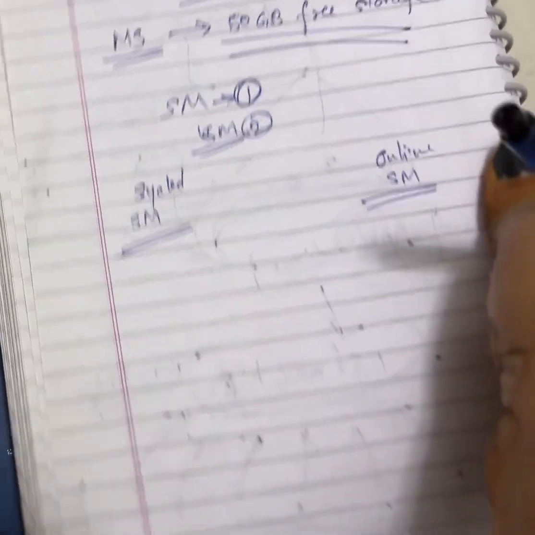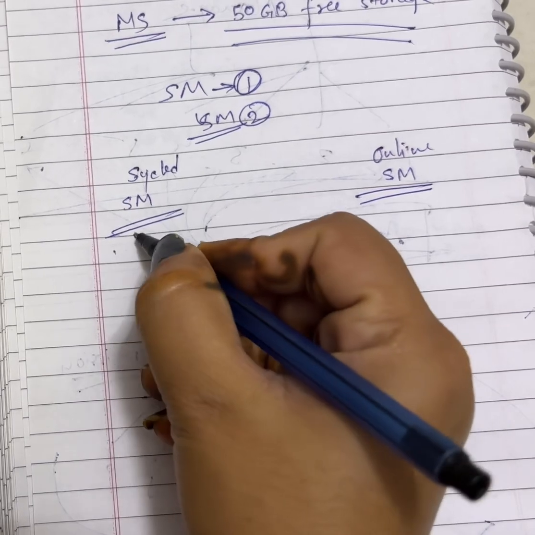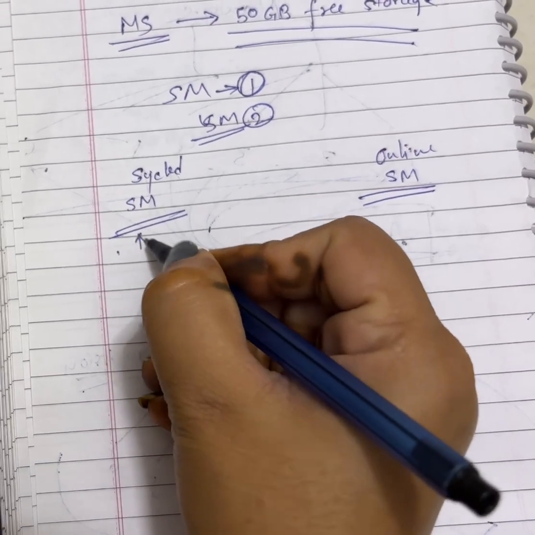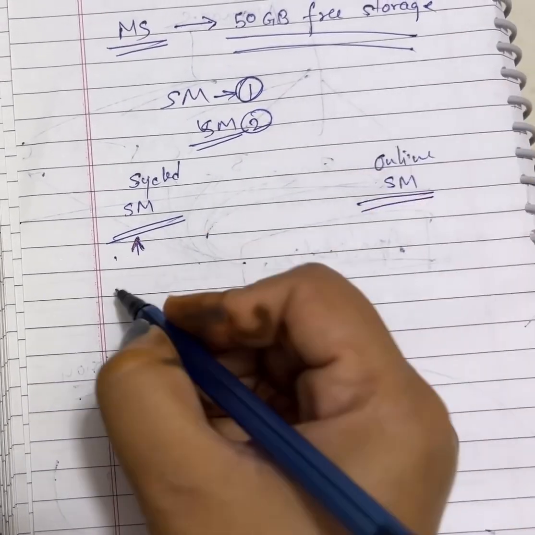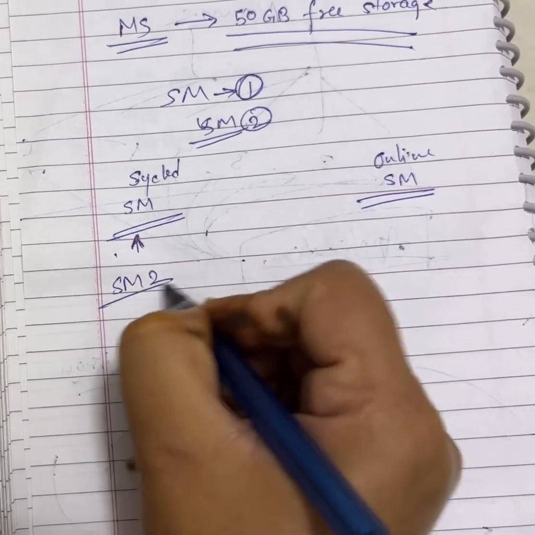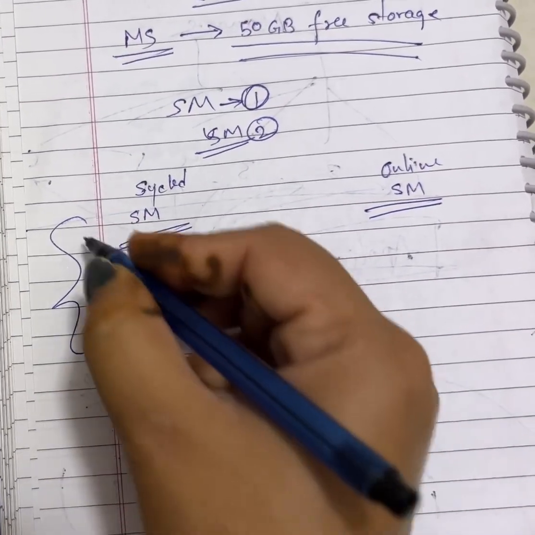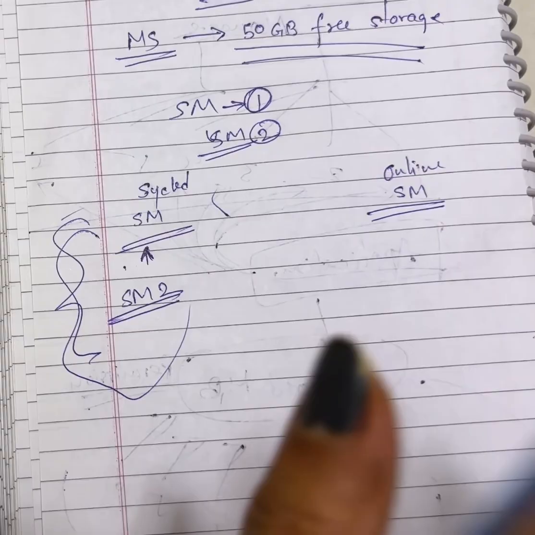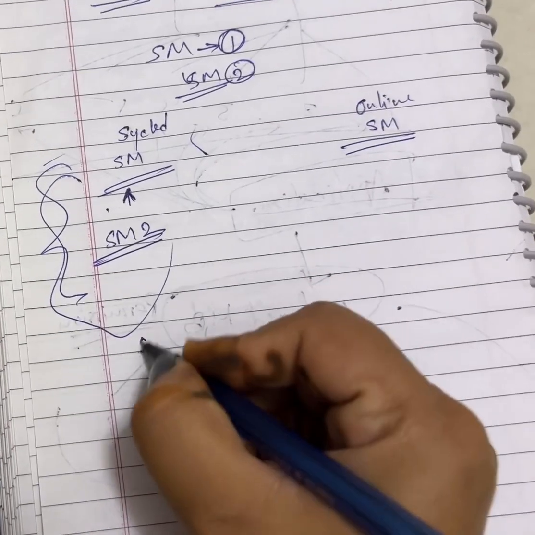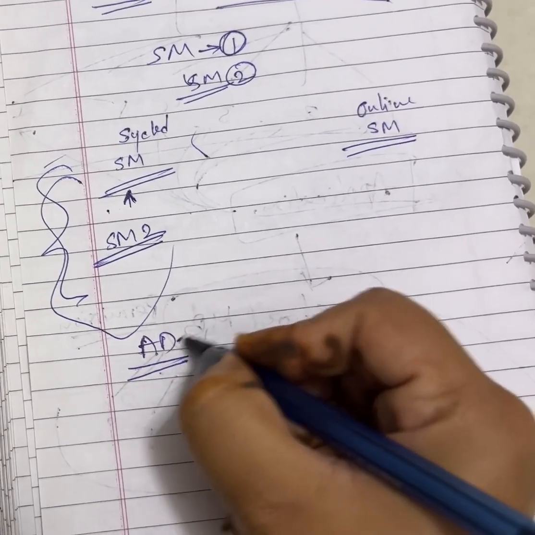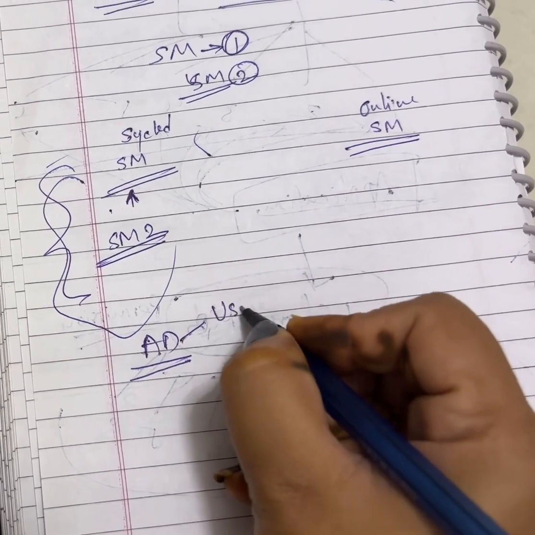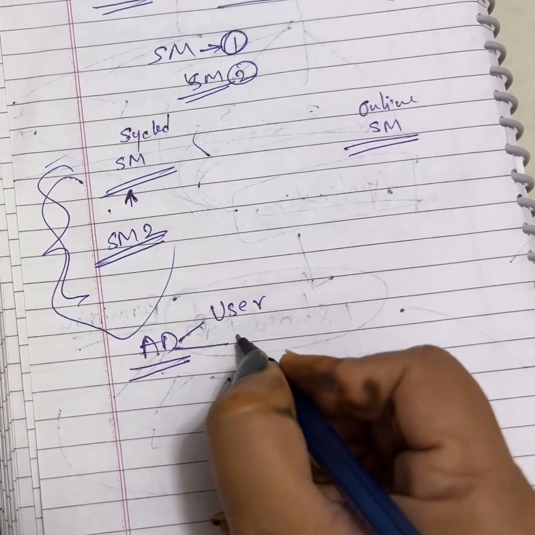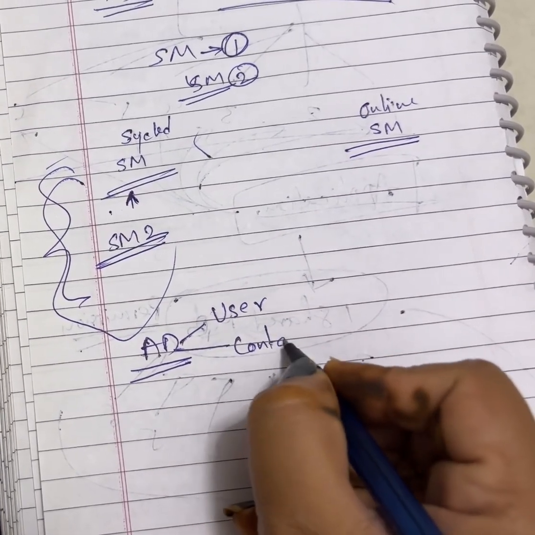If the customer says they need the synced one, so I want to create my shared mailbox in AD, then in AD we have only two or three options. One is create user, second is create contact.